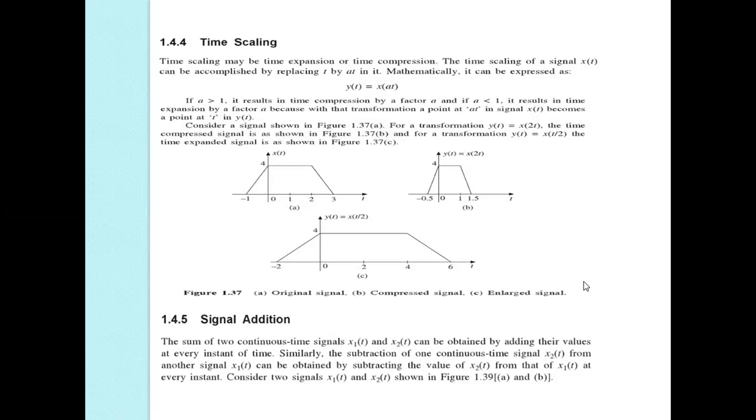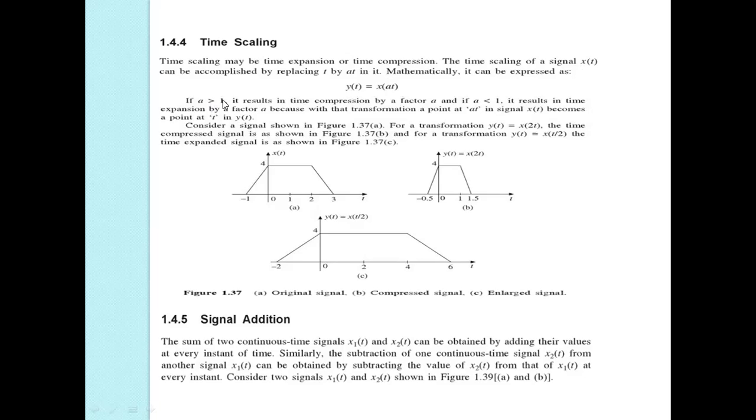The time scaling of a signal x of t can be accomplished by replacing the t by a t in it. Mathematically, it can be expressed as y of t is equal to x of a into t. That scaling occurs for the time only.